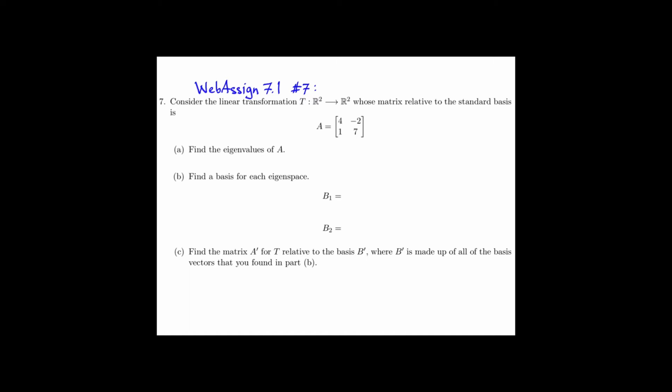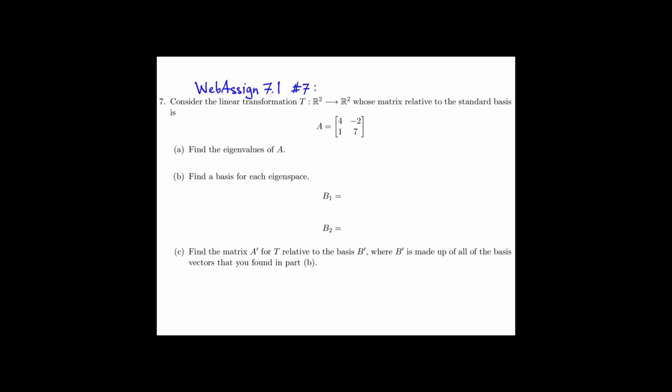And we were asked to find the eigenvalues of the matrix, then the eigenvectors of the matrix, and then in the last part, we were asked to find another matrix, A prime, for the same linear transformation, but the matrix was supposed to be relative to the basis B prime consisting of the eigenvectors of the matrix A. So let's review how to do this problem.